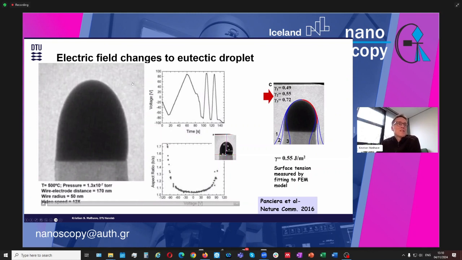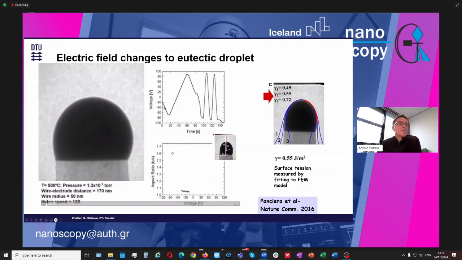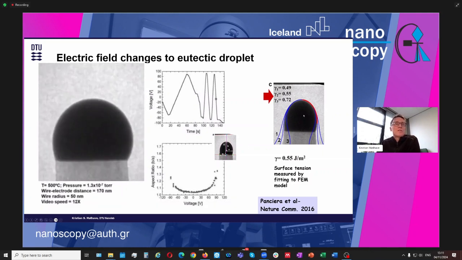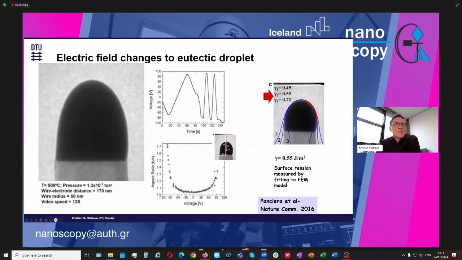And what we can see is, as we apply a potential over time, we will then start seeing, let me just see if we can run it again, then we'll change the aspect ratio of the height versus width of the droplet. And from that relation between potential and aspect ratio, we can compare two models and begin to assess what is the surface tension of that droplet. And that's, of course, a slightly exotic material constant to begin to measure.